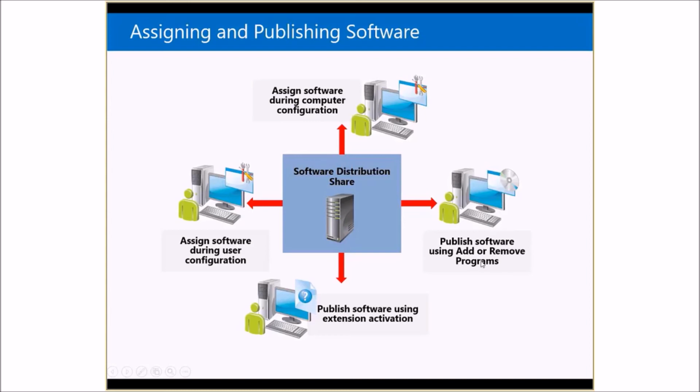Or it could just be in the Add or Remove Programs area, available to be installed, but not actually installed on your local system at that point. We can also publish software using extension activation. We can also assign software during user configuration, so we can assign during computer or user configuration.